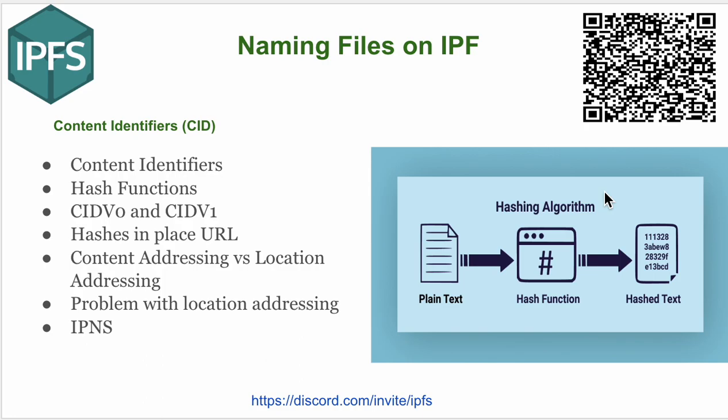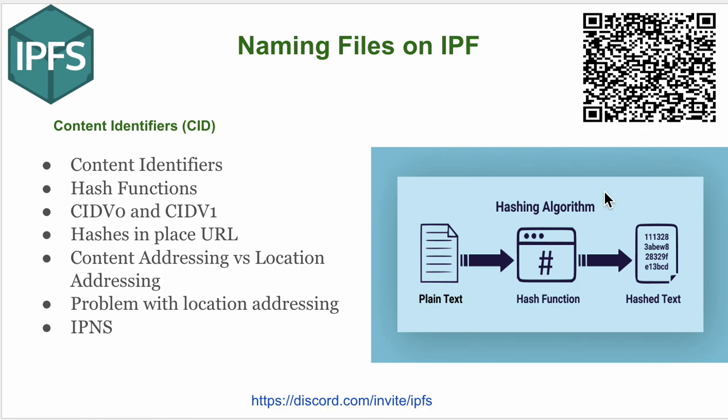We need to be able to pass them around in the network. For this, we use CID, an acronym for content identifiers. So what are content identifiers? Content identifiers are the most fundamental concept of IPFS architecture and are used in content addressing.